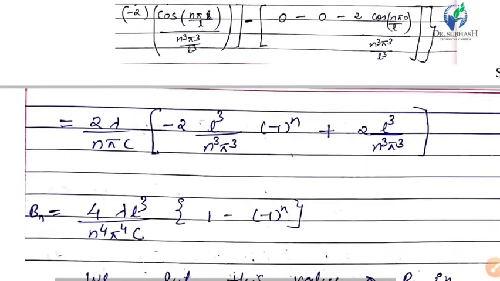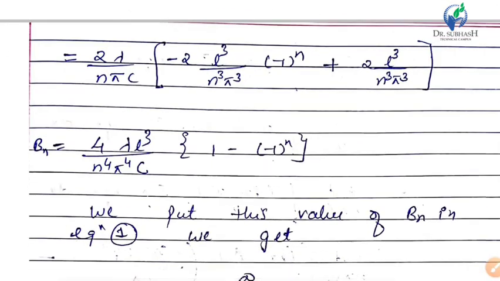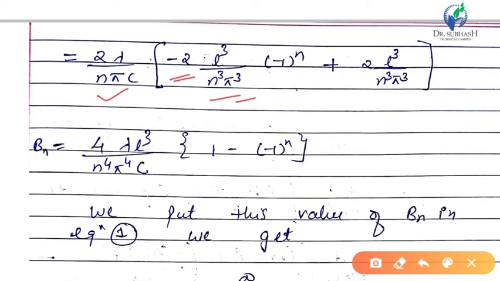After simplification and after putting the limit, I am left with 2λ/(nπc) minus 2λL³/(n³π³) (−1)^n plus 2L³/(n³π³). Here L³ will get common and 2 I am taking common.